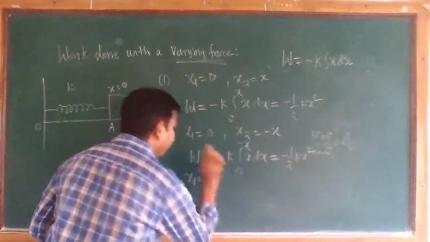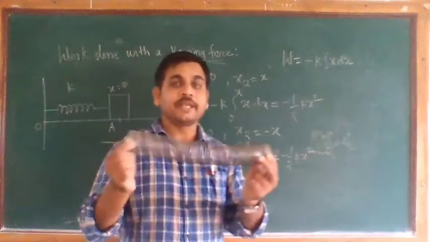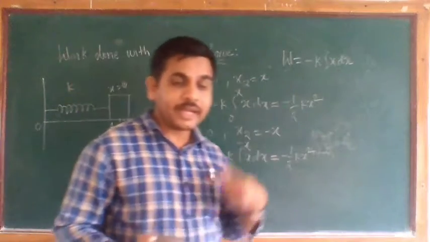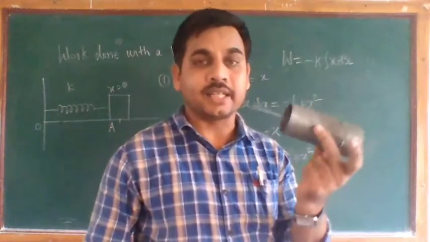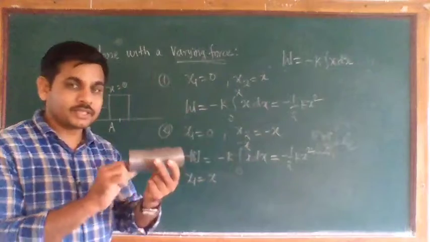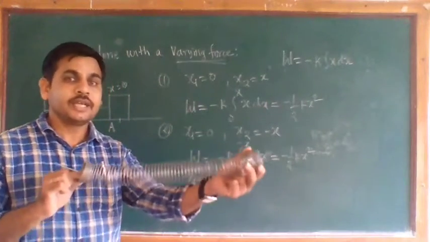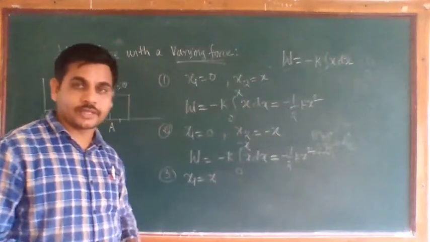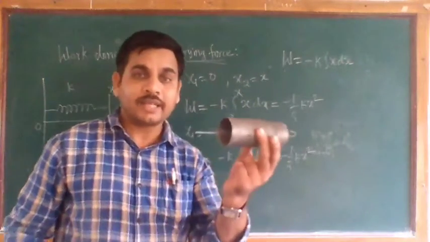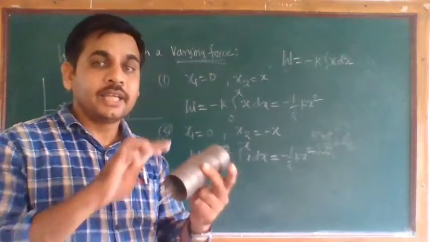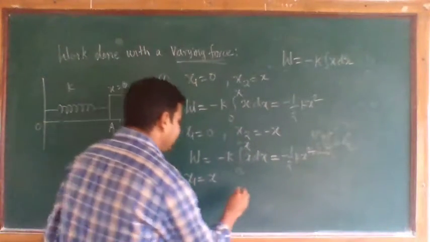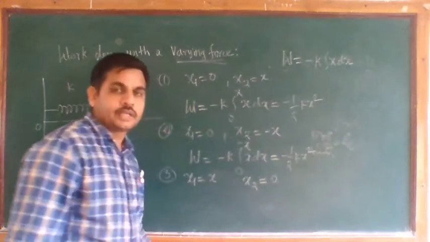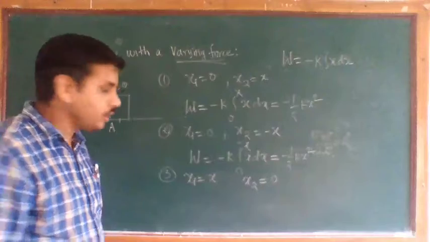In the third condition, the spring is in the stretched condition, so x1 is equal to x, and finally it is in the natural condition. Initially it is in the stretched condition, so x1 is equal to x, and at the final condition it is at the natural state, so x2 is equal to 0.